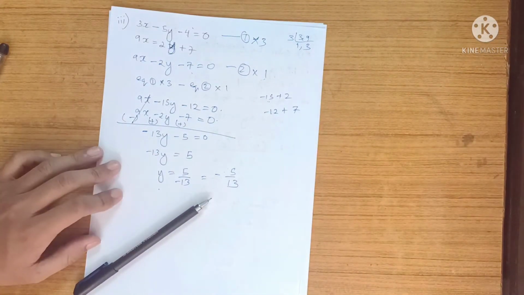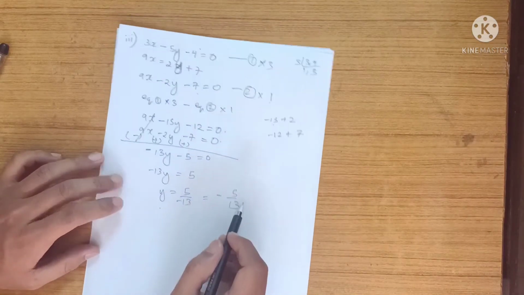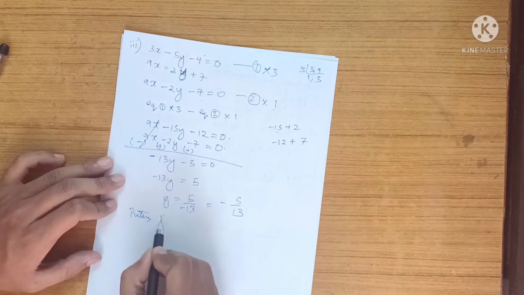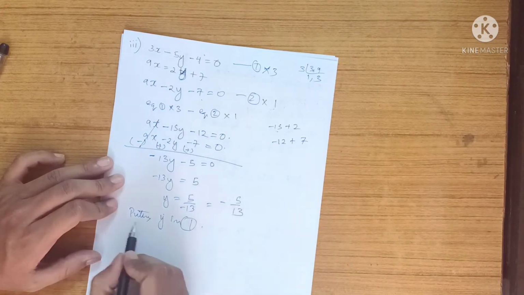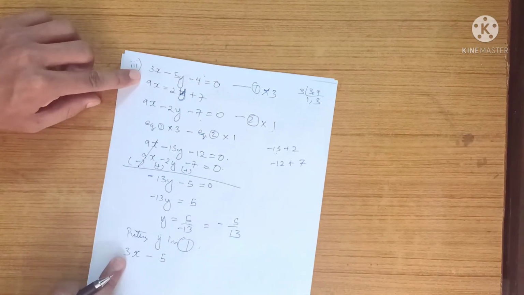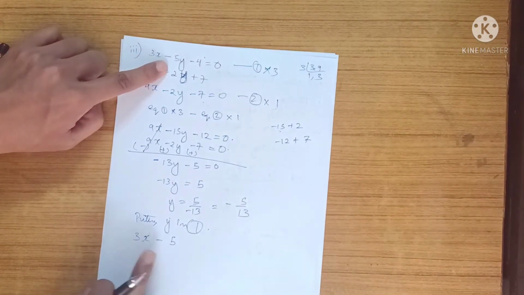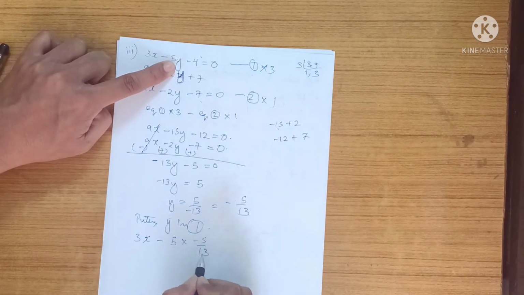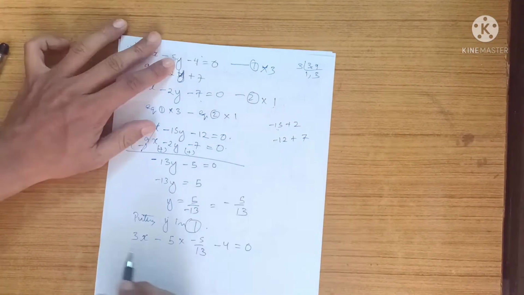Okay. Now we can put this value in equation 1 or 2, doesn't matter. Putting y in 1. Let's put it in 1. 3x minus 5. See, 3x minus 5 into, I'm gonna put this, minus 4 equal to 0.